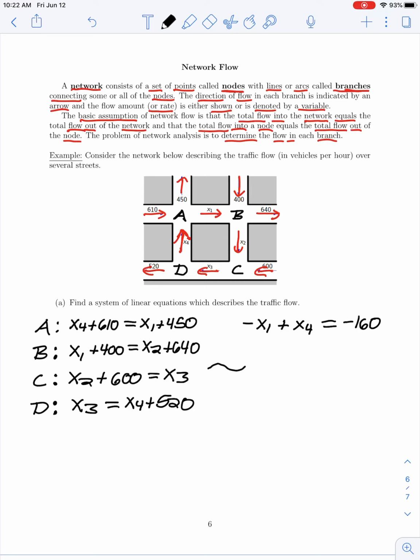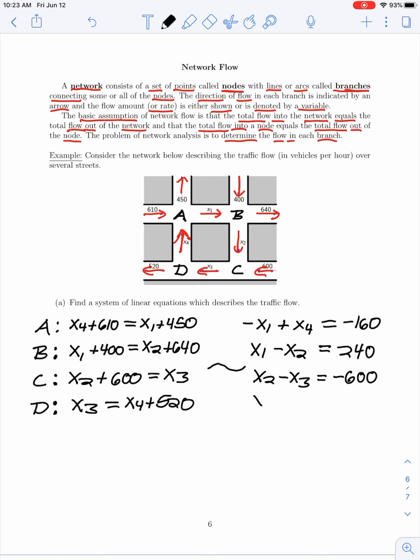Now in my second equation, equation B, moving all of our variables to the left-hand side, we have a positive x1 minus x2 is equal to, our constant would be 640 minus 400, so 240. For equation C, we would have x2 minus x3 is equal to negative 600.